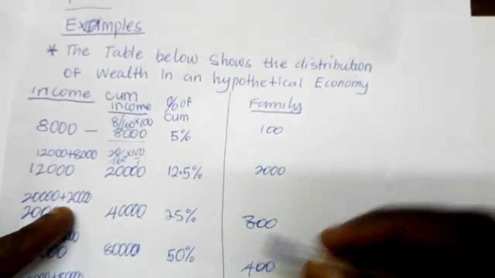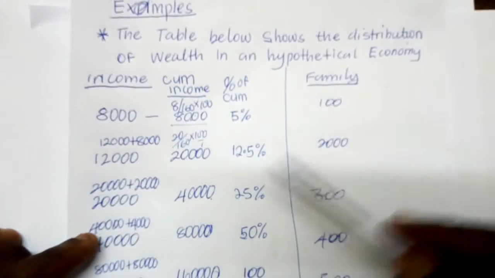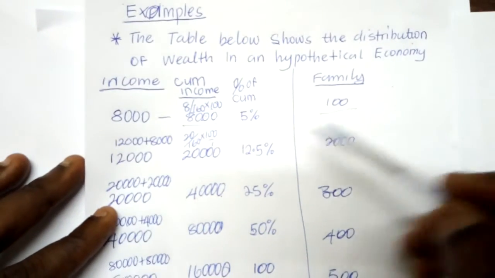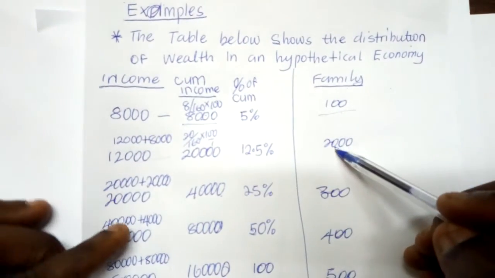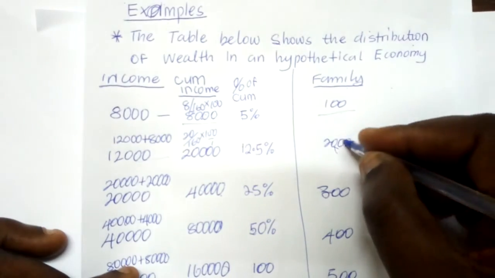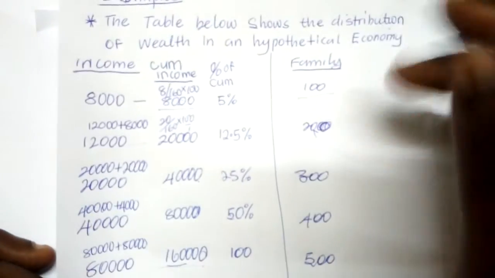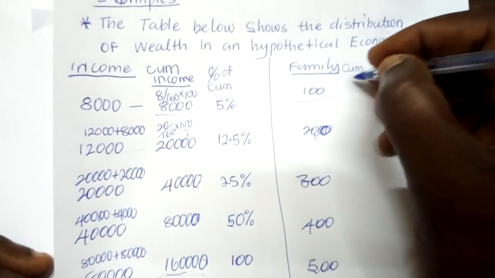You will do the same thing for the family. This is the average income in a family of 100, the average income in a family of 200. This is 200. So you have cumulative.